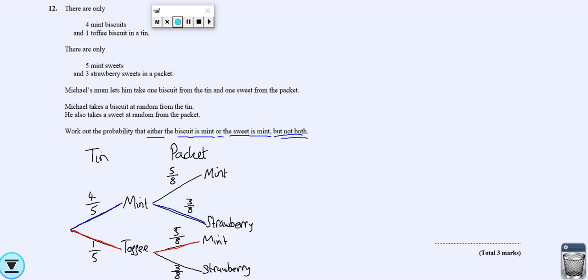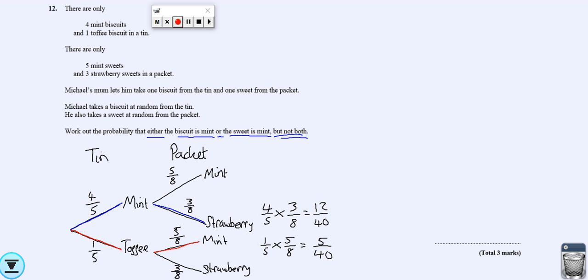If we think the word and in probability, we're going to times. So mint and then strawberry is mint, which is 4 out of 5, and we're going to times strawberry 3 out of 8 to get 12 out of 40. We're going to do the same for our toffee and mint route. So toffee is 1/5 and a mint 5/8 to give us 5 out of 40.